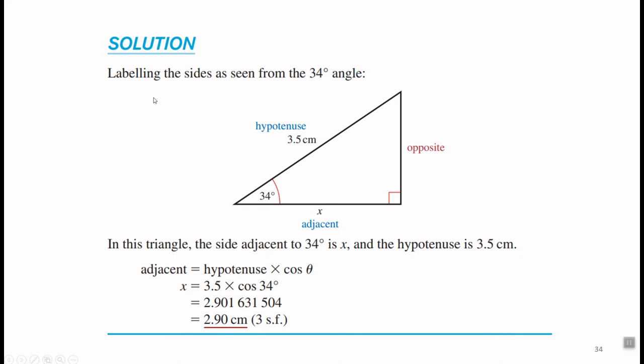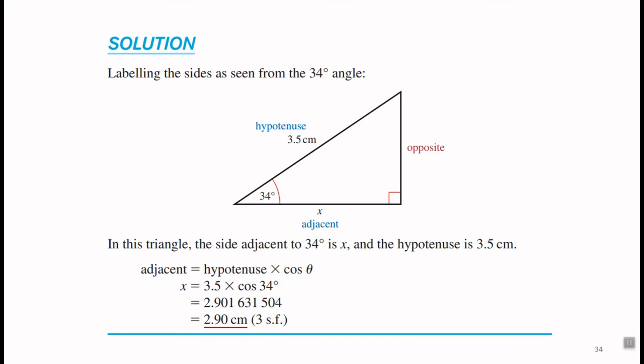So look at this. Labeling the sides with respect to 34 degrees: this is the opposite side, directly opposite to the angle. The side attached to angle 34 we call the adjacent side, and always opposite to 90 degrees we call the hypotenuse.